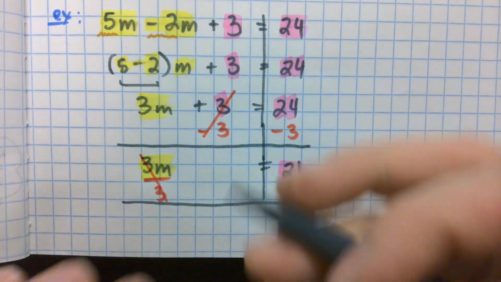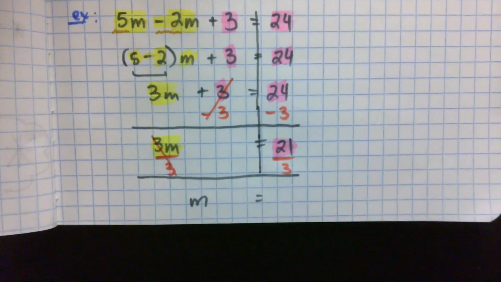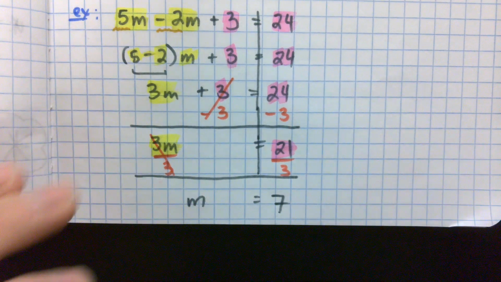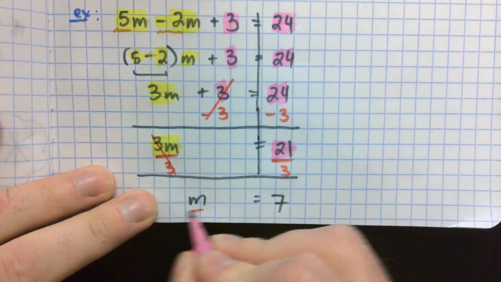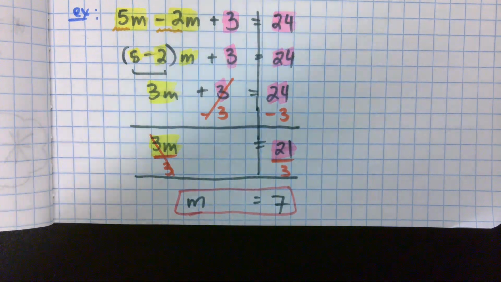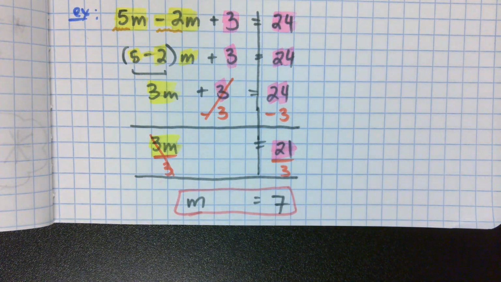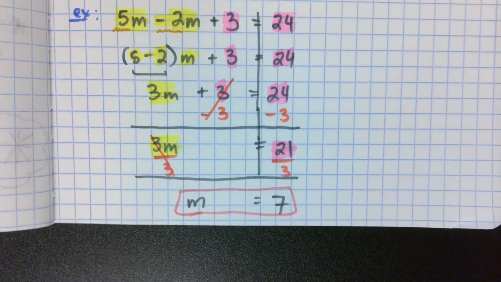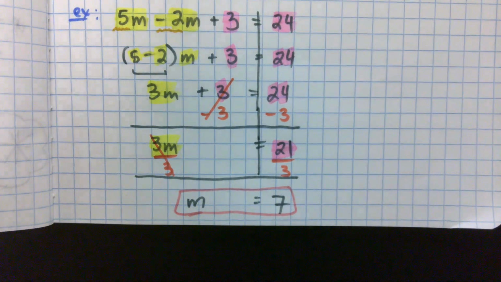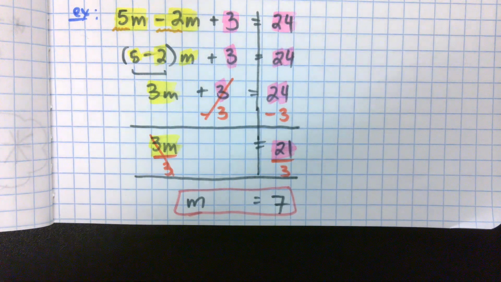Cross them out. And we get m equals 21 over 3. 7. Nice and easy. Boom. There is our final answer. Any questions on how we arrived at 7?